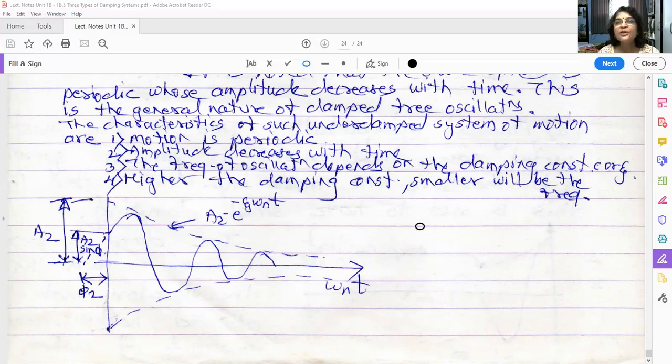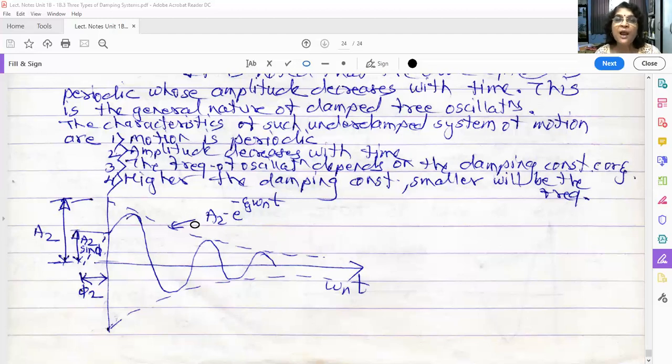So here we have finished the three types of vibrations, that is overdamped, critically damped, and underdamped vibratory systems. In the next lecture we are going to study the reduction in amplitude in each cycle. See here, amplitude is reduced from the first cycle to the second cycle by this much amount, correct?